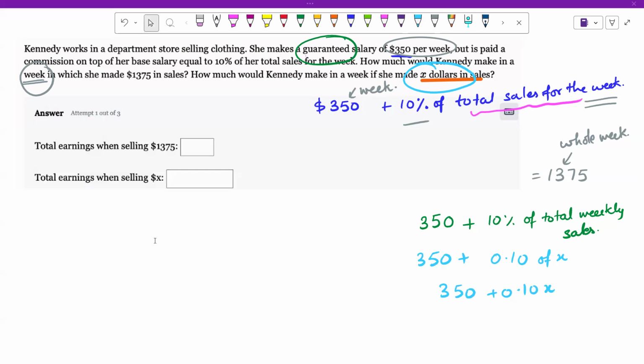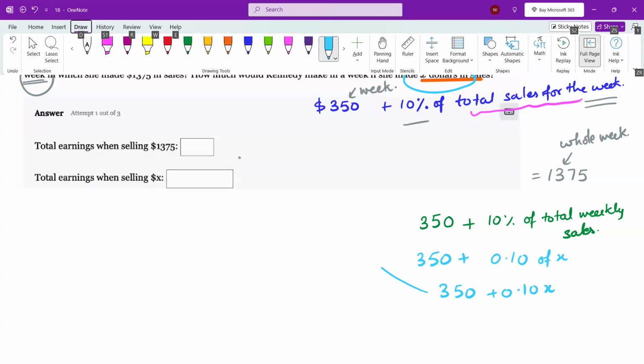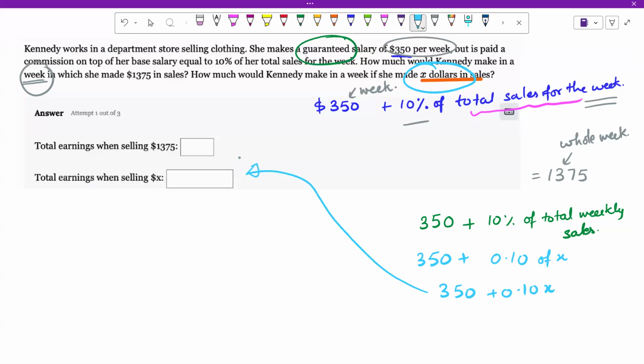Is it making sense? Should we do it together again? All right. So we want to write down the earnings when the sales are X. So it's 350 plus 0.10x equals 1,375, the total earnings when we are selling X dollars.